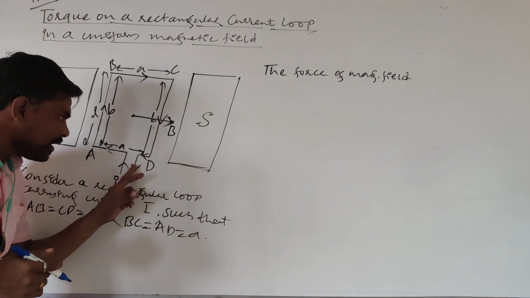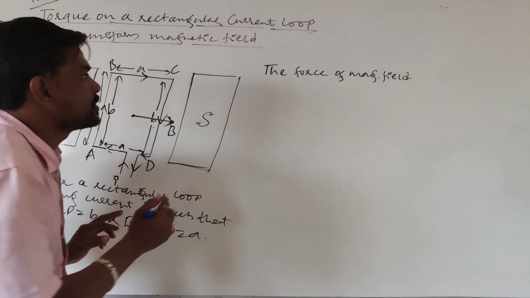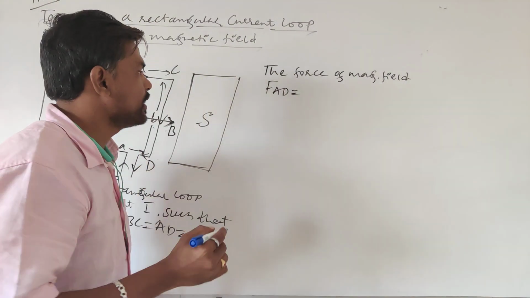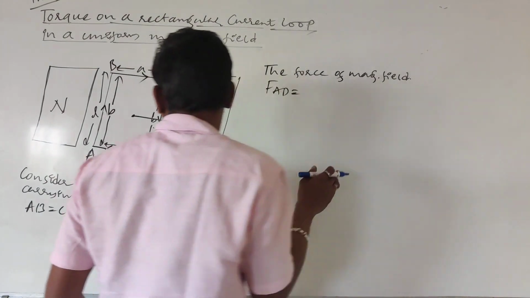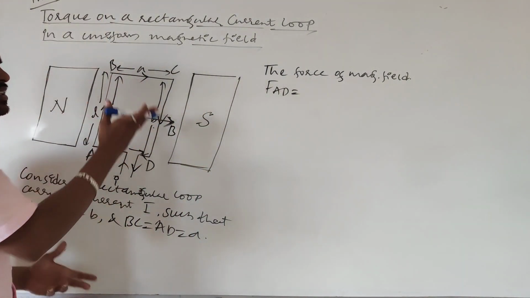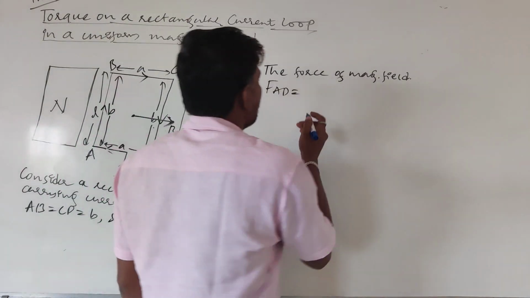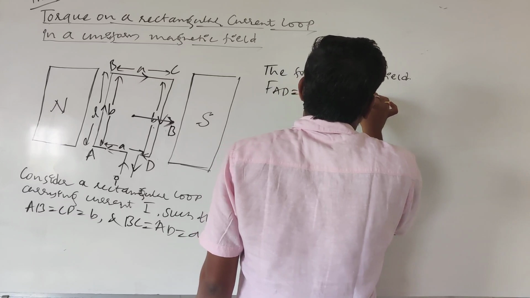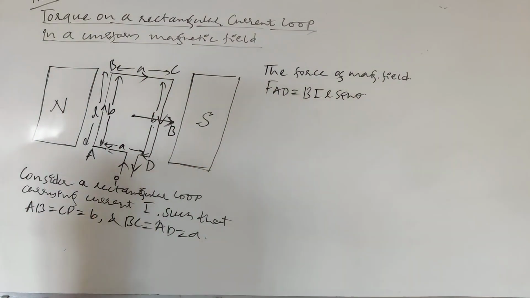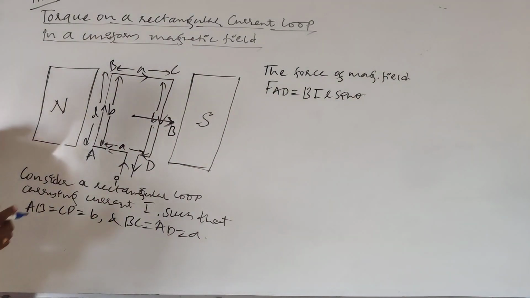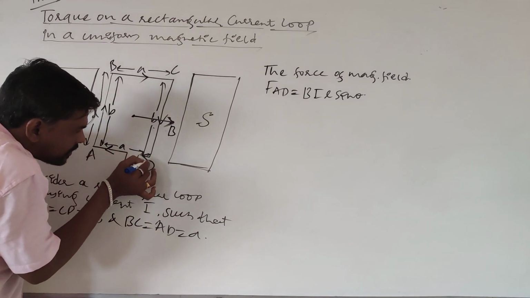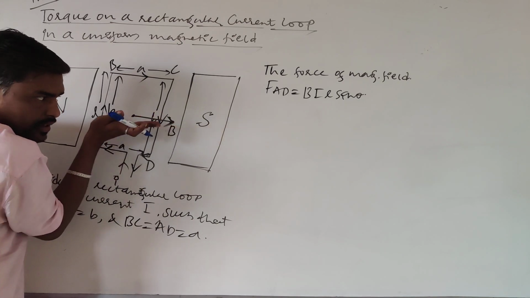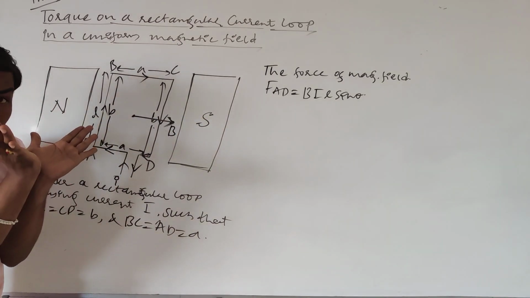Now I am going to take AD, right? FAD. Or otherwise you have to take AB. So we know the force is BIL sin theta. Right? See, the current direction is here, and the magnetic field direction is in this direction, so both are in opposite directions.